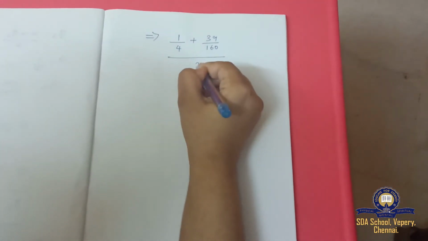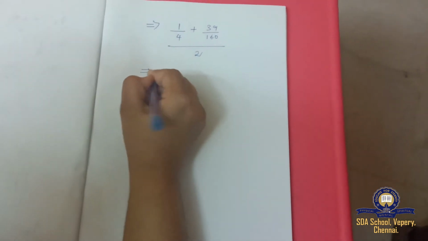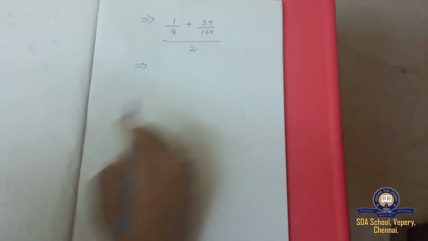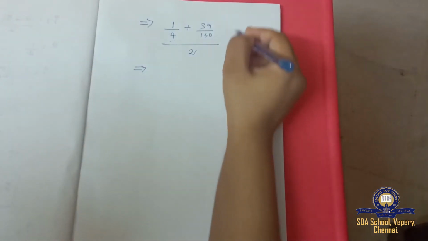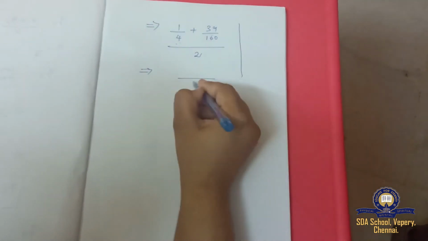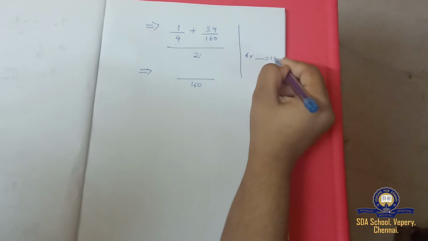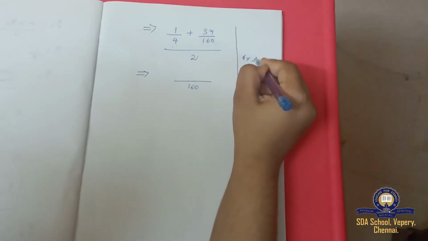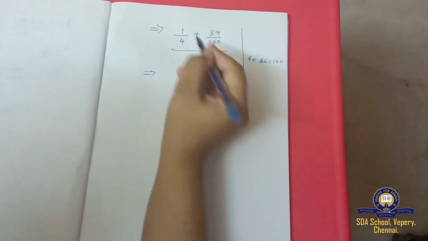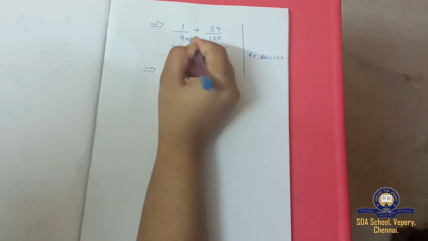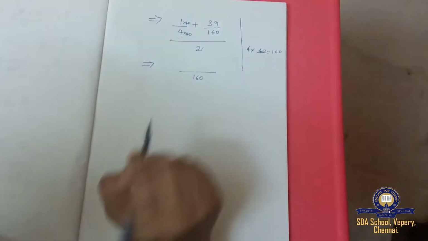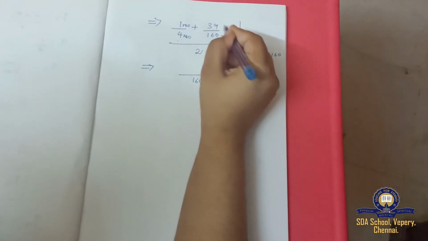divided by 2. Okay. As usual, you are supposed to take the LCM for what? 4 and 160. The LCM will be 160. Okay. Now 4 into what will give me 160? 4 into 40 will give me 160. Okay. So I have to multiply by 40, both in the numerator as well as in the denominator. Over here by 1 only I have to multiply.